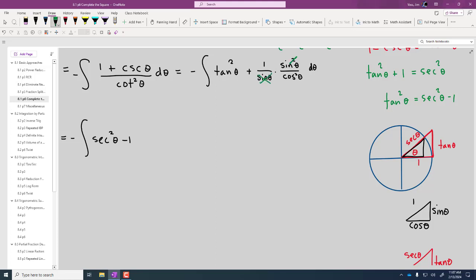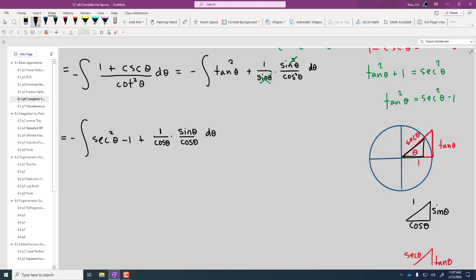So we're going to have sine over cosine squared. And here's how I'm going to rewrite that. Sine over cosine squared, I'm going to think of it as 1 over cosine multiplied by sine over cosine. So I'm going to think about that denominator of cosine squared and sort of split it into a product of two fractions.